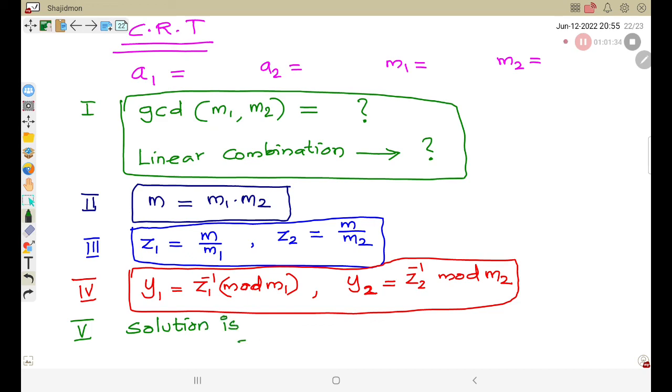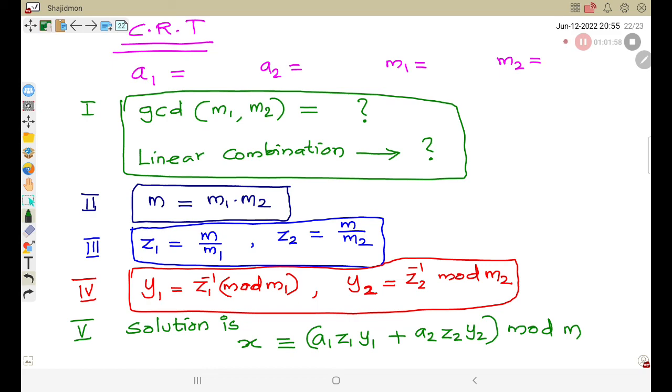The solution is x congruent to a1 z1 y1 plus a2 z2 y2, mod m. So here we get the solution.